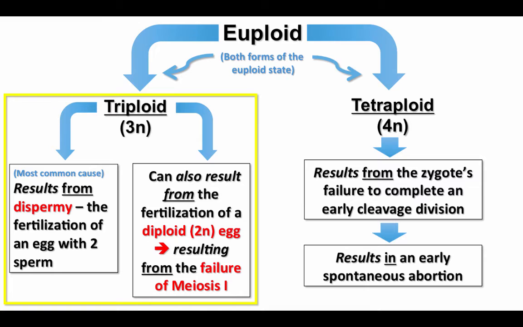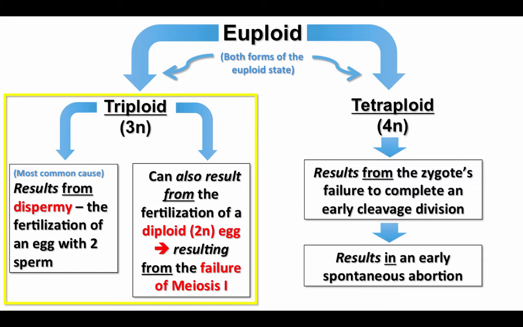So think about the scenario again in terms of basic algebra. The egg possesses a chromosome number of 2N, which is not normal. All right, and also n equals 23 in humans, and therefore 2n equals 2 times 23 equals a total of 46 chromosomes. The one sperm that fertilizes the abnormal diploid egg has a chromosome number of n equals 23.